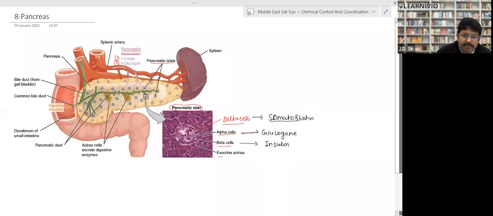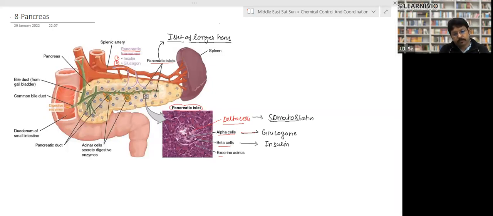These endocrine cells which secrete endocrine hormones are called pancreatic islets, or we also call them islets of Langerhans. Right, so start noting now.